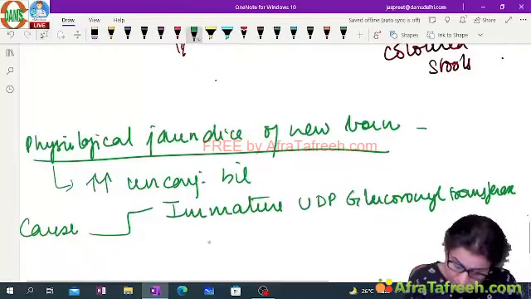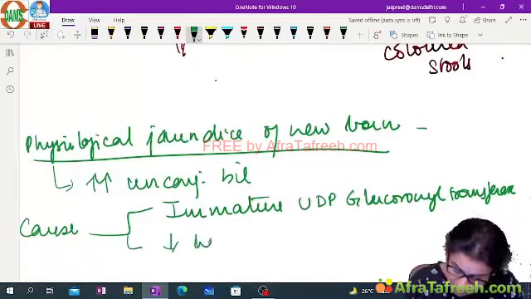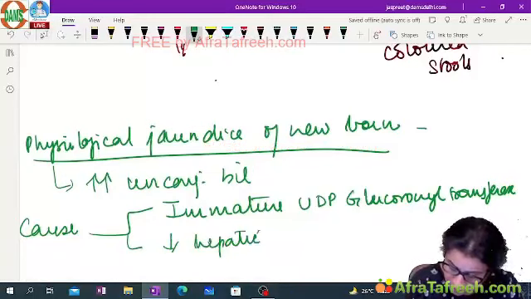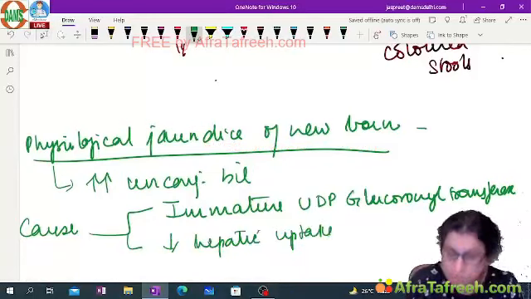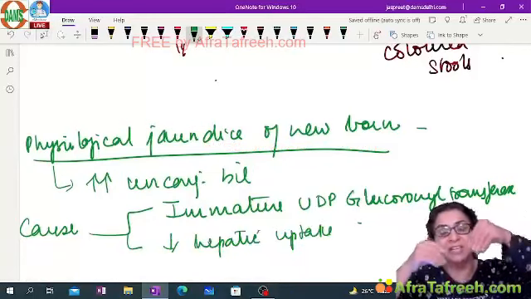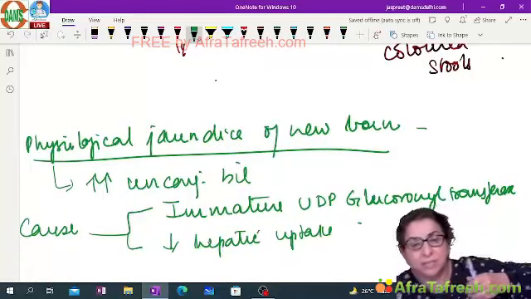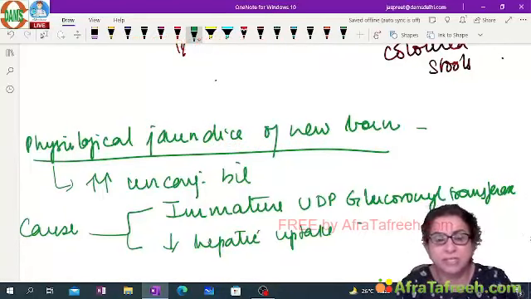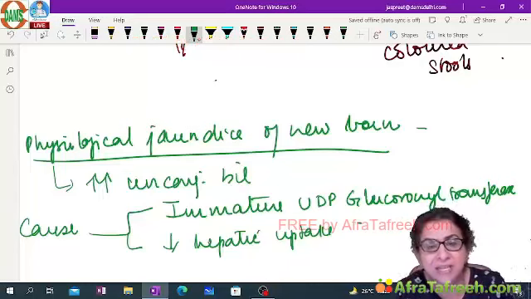Another cause is decreased hepatic uptake of bilirubin. Unconjugated bilirubin cannot enter the hepatocyte easily because proteins called ligands are needed.